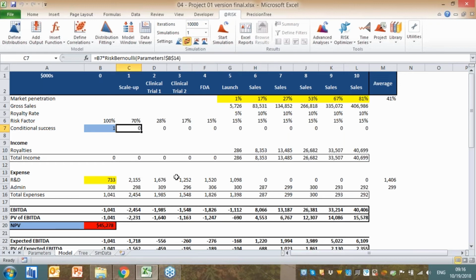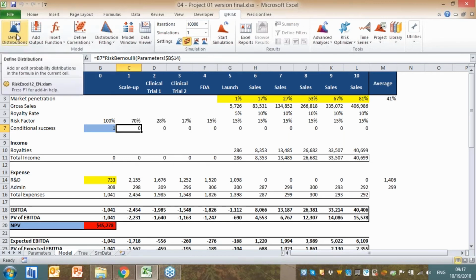So take a look at, for example, cell C7. C7 does contain, as you can see in its formula, a conditional B7, which in this case is the previous one. So anything multiplied times 1 is already 1, times a Bernoulli.